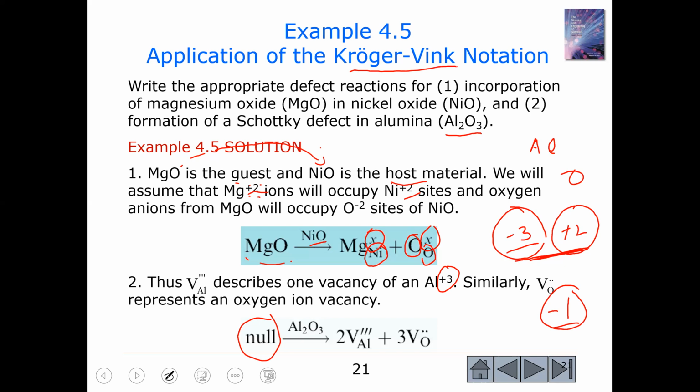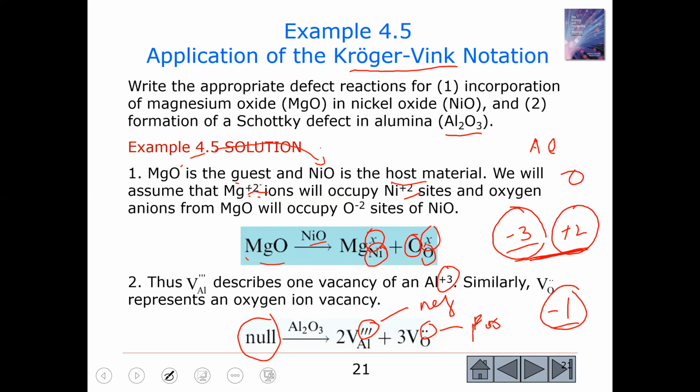So what we need to do is balance it out. These bars denote negative, and these dots denote positive. So when an aluminum goes out, it is going to create a negative 3 charge, and when oxygen goes out, it is going to create a positive 2 charge.